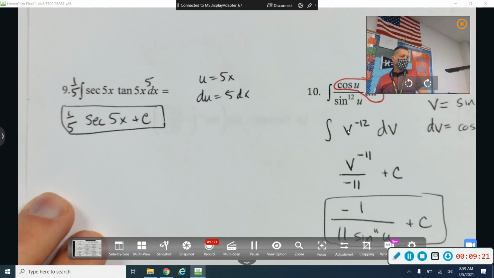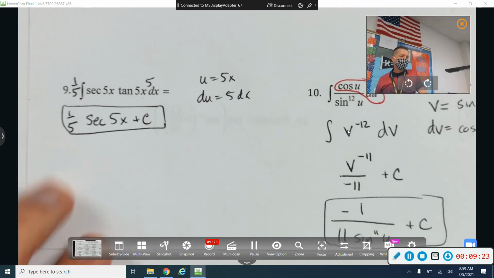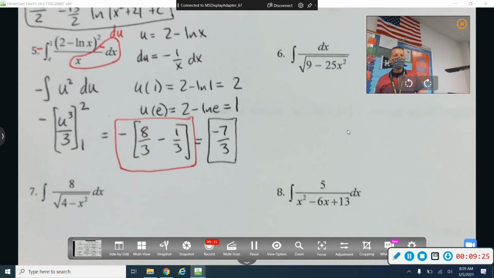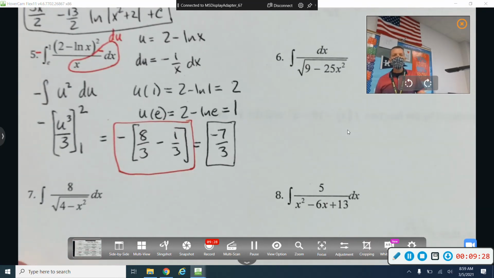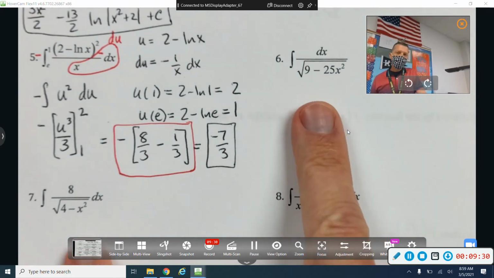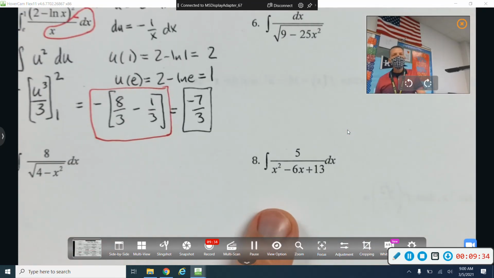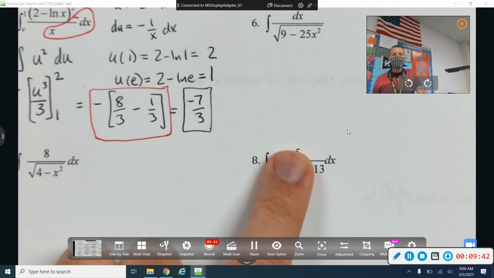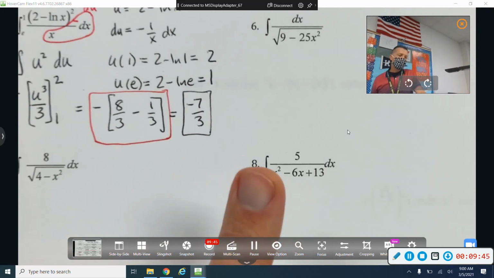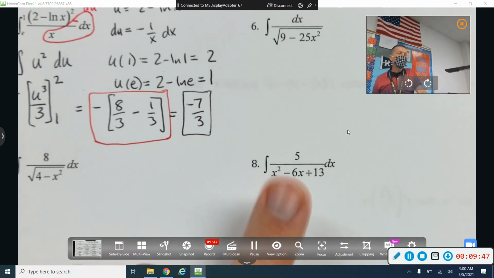What about 6 and 7? They look similar. What technique are we going to be using, or what's the answer going to look like for 6 and 7? Inverse sine. What about number 8? Probably tangent, right? Because if I let u be the bottom, then the du would be 2x minus 6, and I don't have any 2x's to fix, so I think this is going to be an inverse tangent with a complete the square.